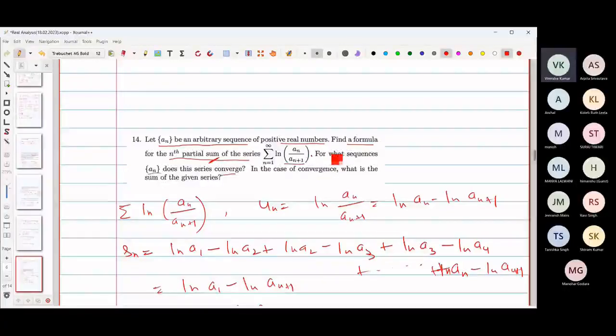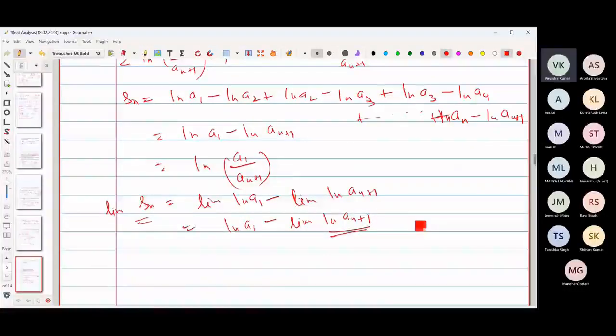So for what sequences an does this series converge? Any answer from your side? What kind of sequence can we choose? We need to choose an such that it has a finite value.